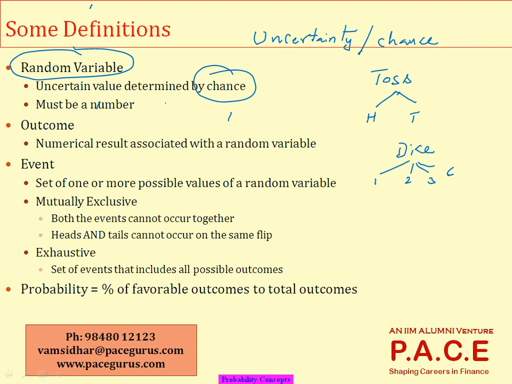And the different values that are associated with the random variables are called the outcomes. When I throw a dice, I can get a 1 or a 2 or a 3 or a 6. So all these numbers are the outcomes of this random variable.